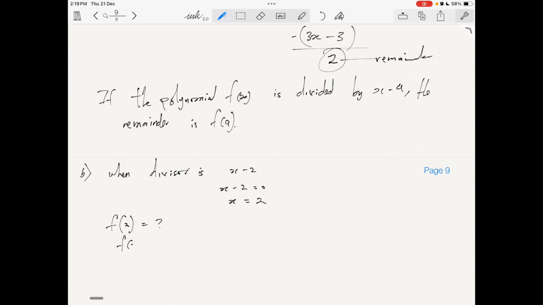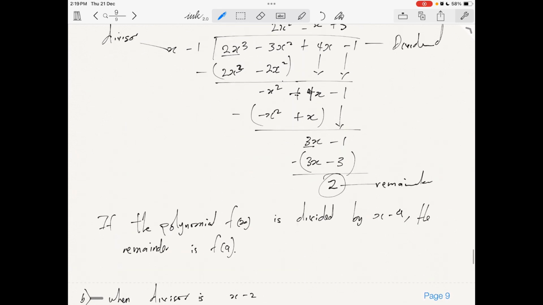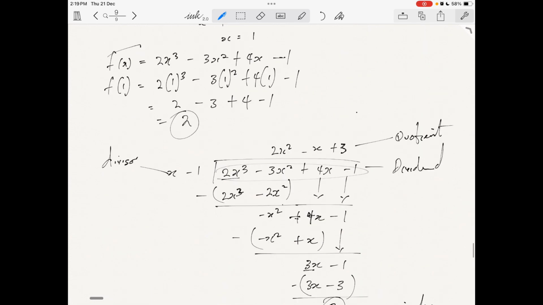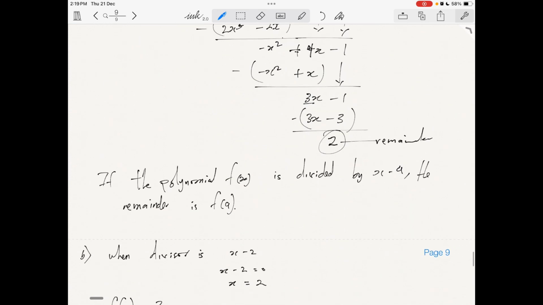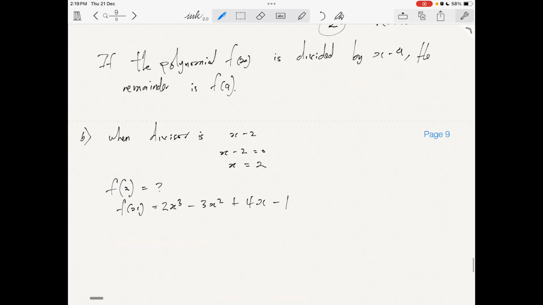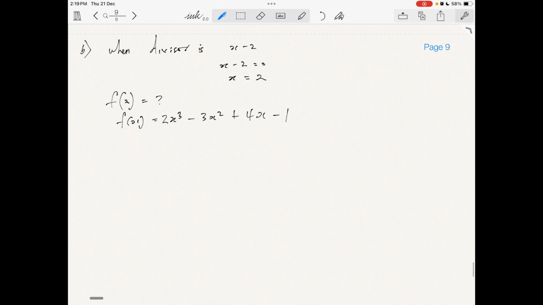And we recall that our f of x, as we have here, is 2x cubed minus 3x squared plus 4x minus 1. Okay, so then we substitute f of 2.